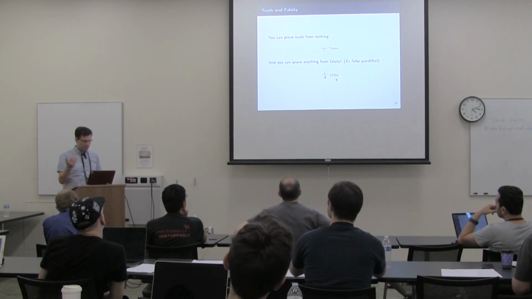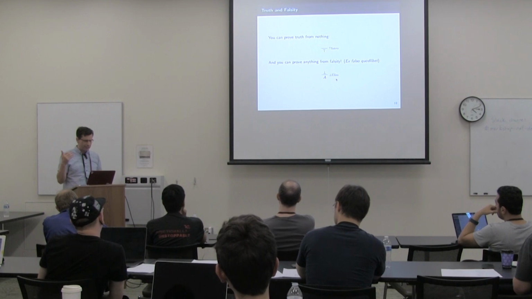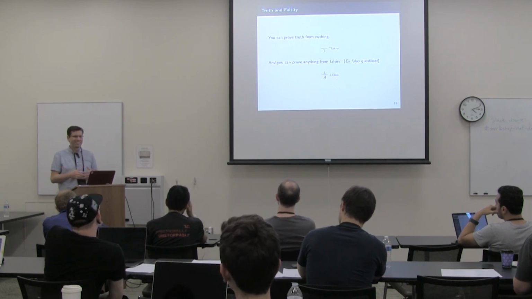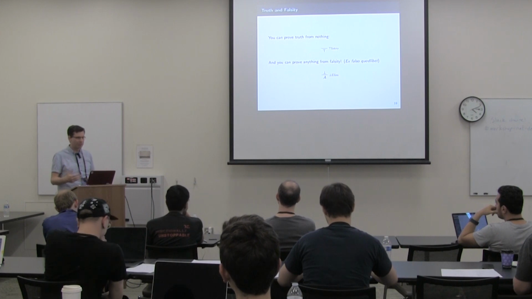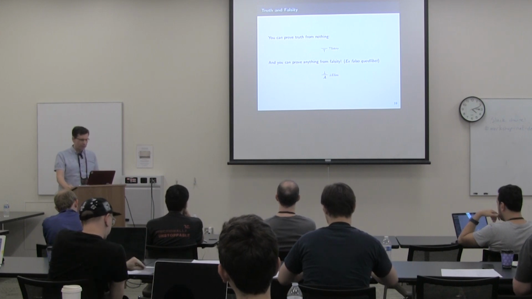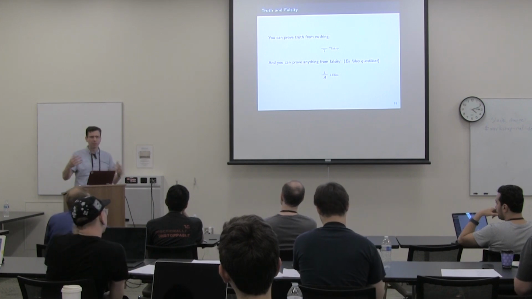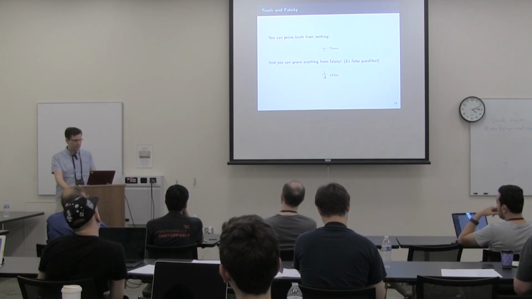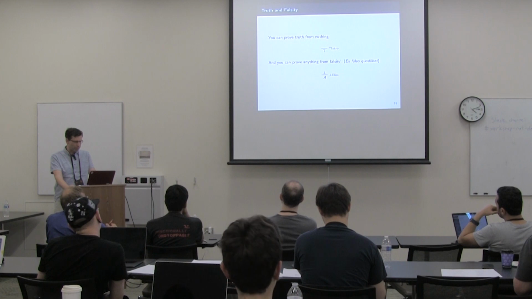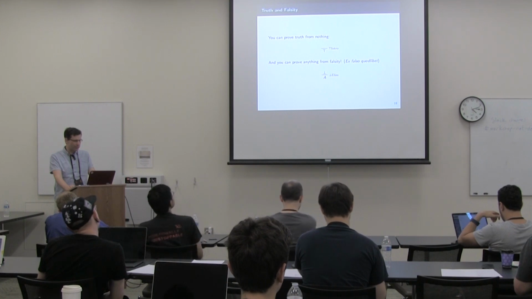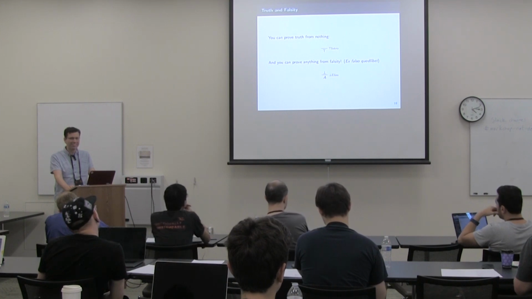On the flip side, we have falsity. You can eliminate it, but you can't introduce it. You can't introduce falsity because that would be a contradiction in your proof. Falsity can occur in your proof, but you can't just produce it out of nowhere. On the other hand, you can eliminate falsity. So if you have falsity, then you can conclude anything you want.